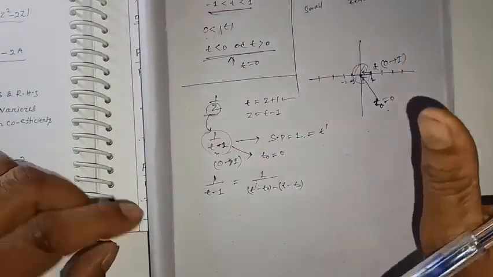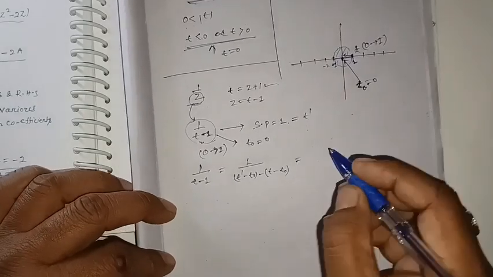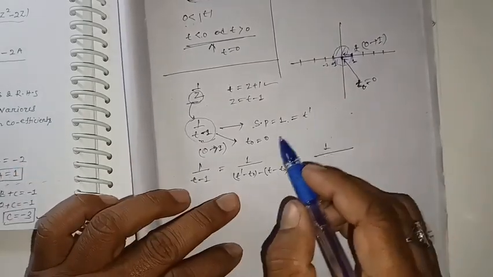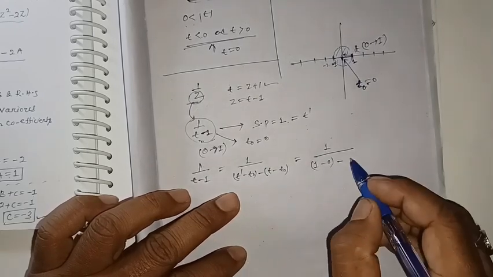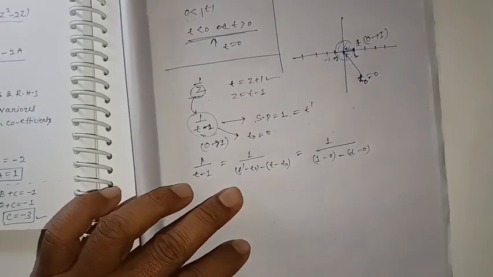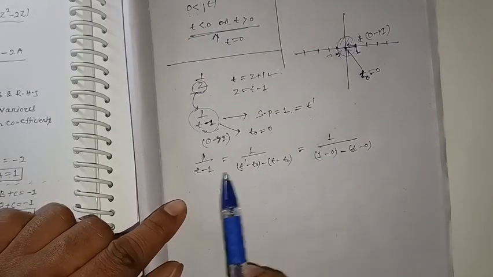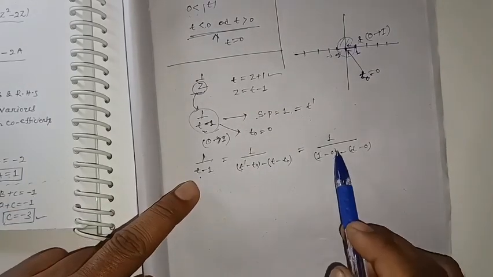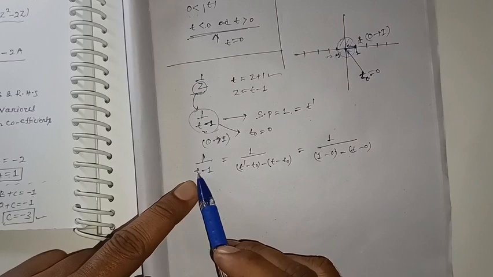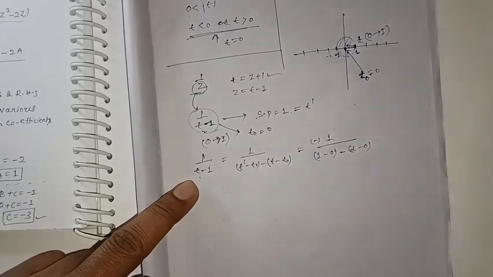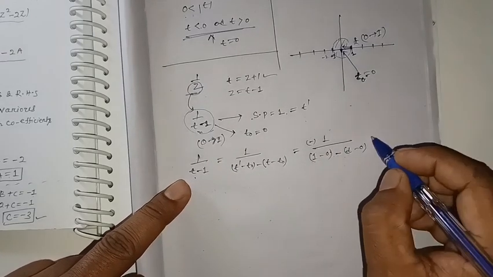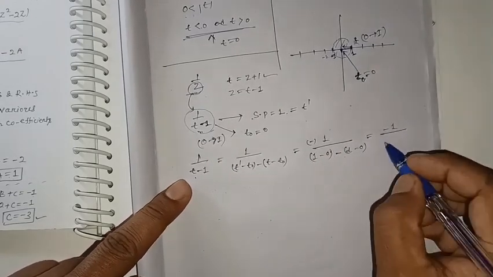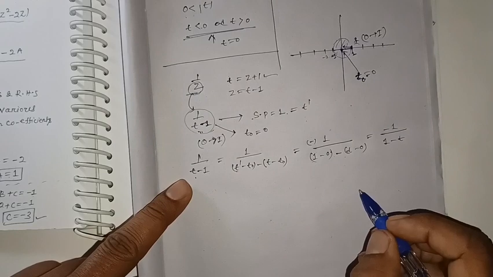Previously, whatever we have discussed, now you just put the values. T dash has value 1, so 1 minus 0, then minus t minus 0. If I match this and this, it is 1 by 1 minus t, and here 1 by t minus 1. So for that we have to multiply by minus to equalize both sides. So we get 1 minus 1 by 1 minus t.